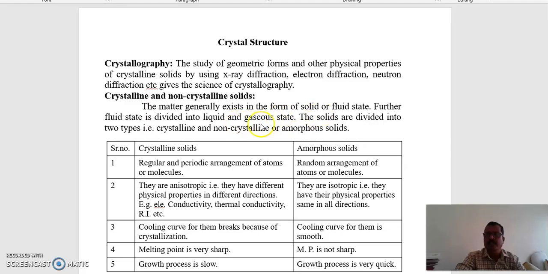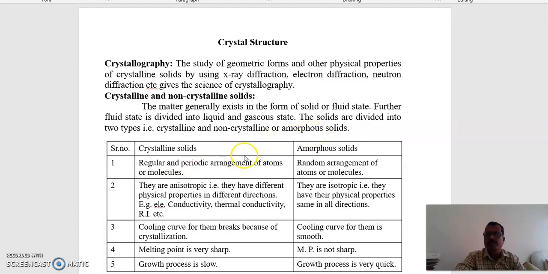And solids are divided into two types, that is crystalline solids and non-crystalline solids, which are known as amorphous solids.